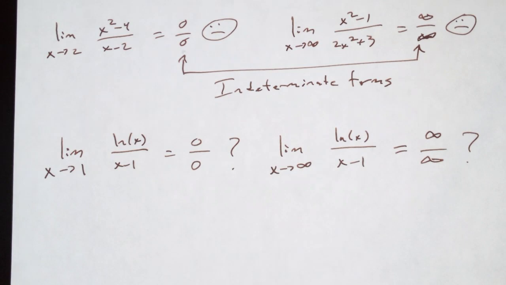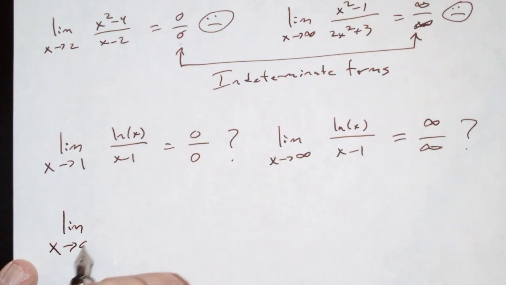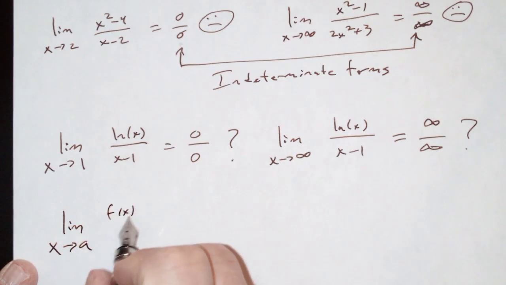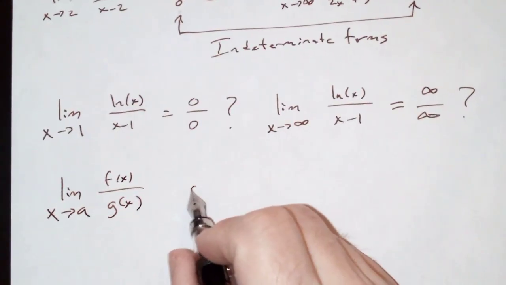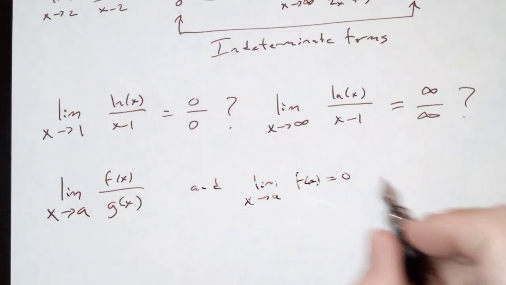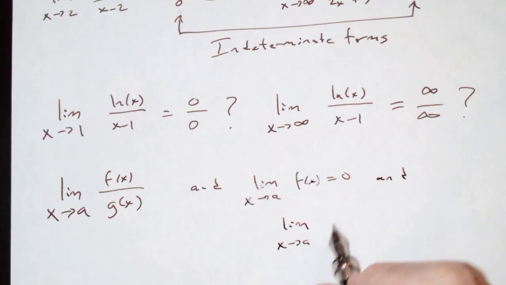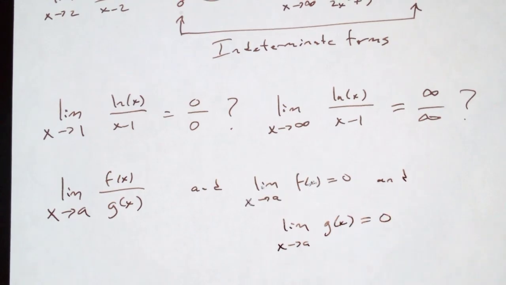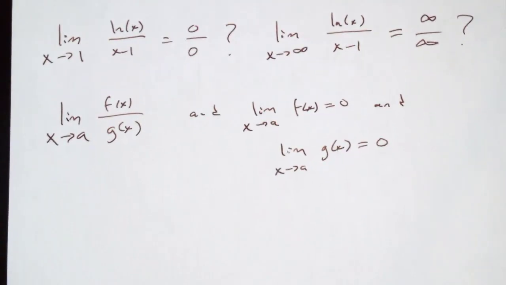So let's think about we're going to some number a, and we have a situation that would look like 0 over 0. Each of those pieces, f of x and g of x, are equal to 0 as we approach a.